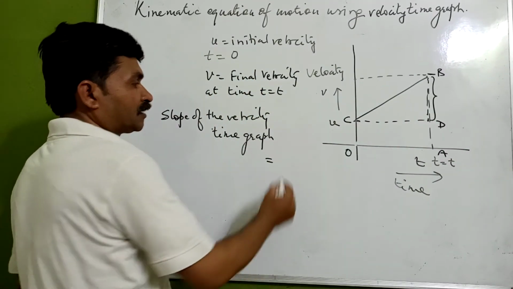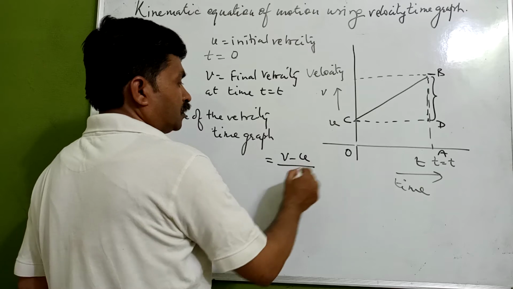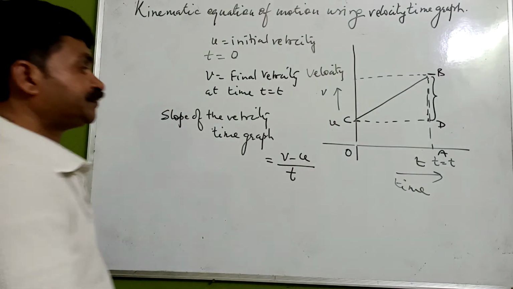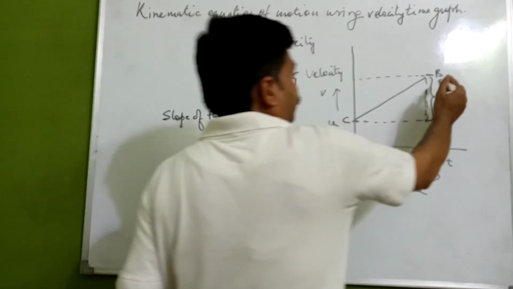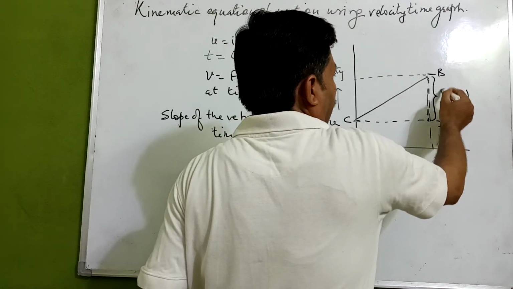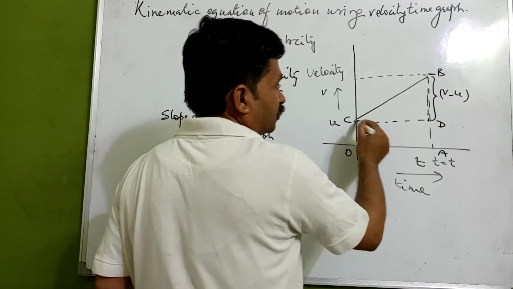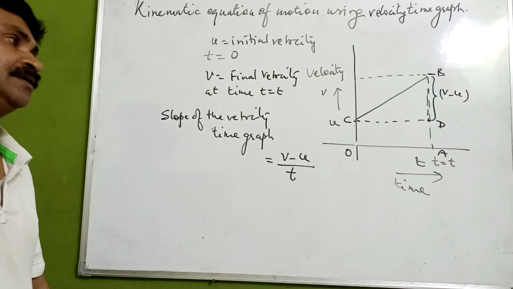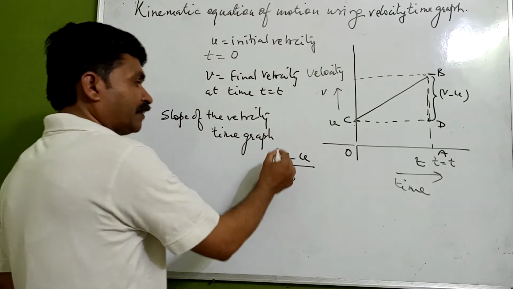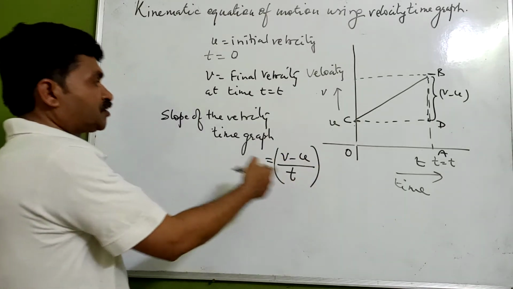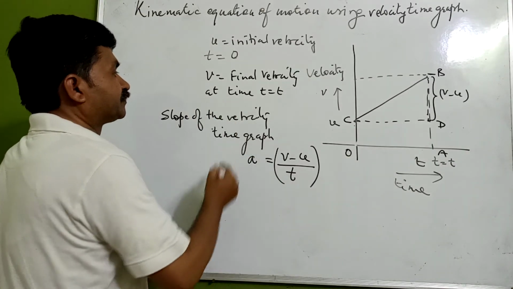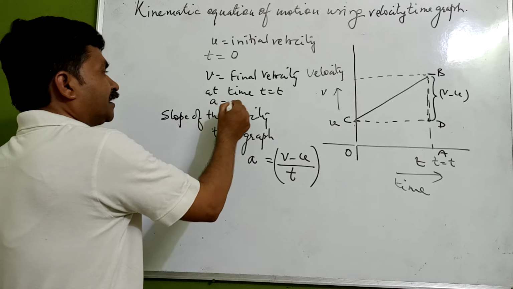So the perpendicular is v minus u, upon t. It starts at time t equal to 0 and goes to time t equals to t. So v minus u upon t gives us a, that is acceleration.